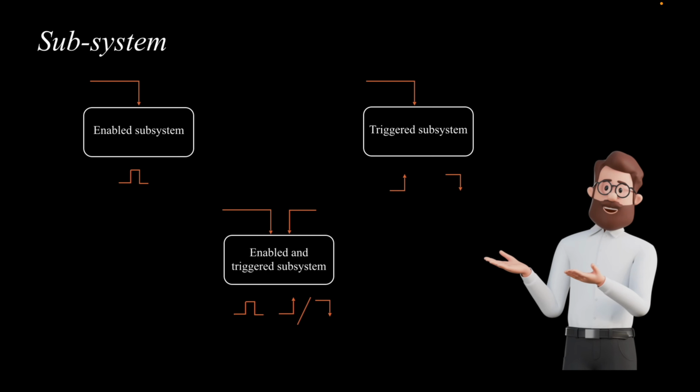So in summary, we've seen what an enabled subsystem is, what a triggered subsystem is, and what an enabled and triggered subsystem is. Along with that, we took an example to understand how faults can be detected through the use of the subsystem, and we can also check the interval of the fault based on the sample time.